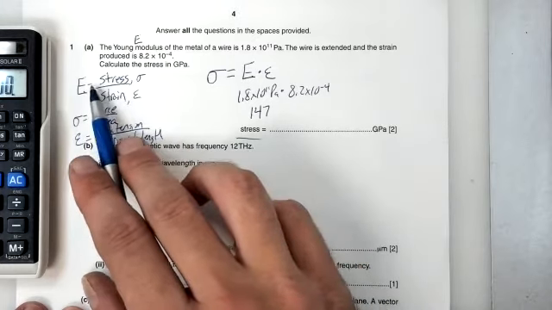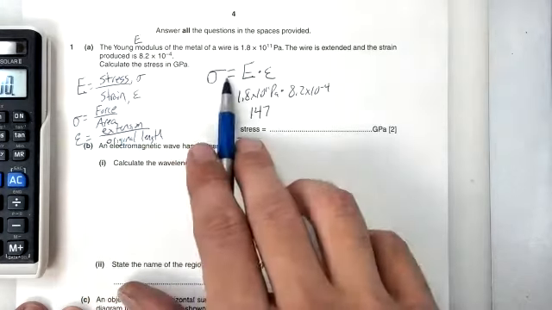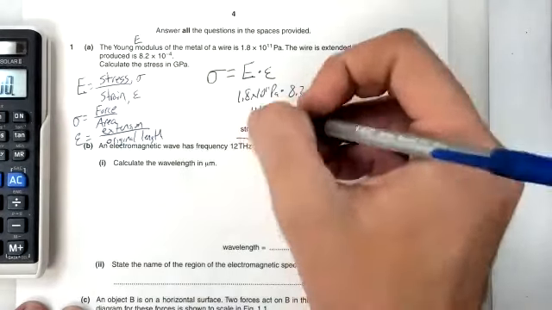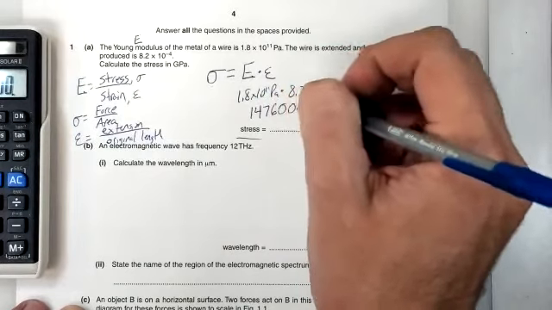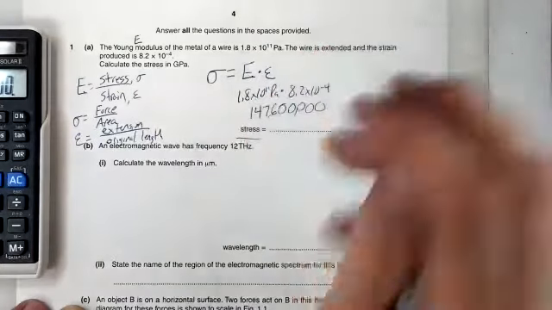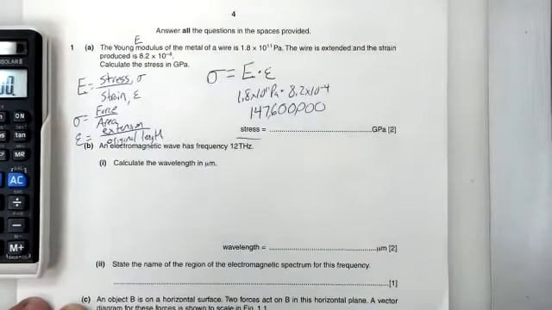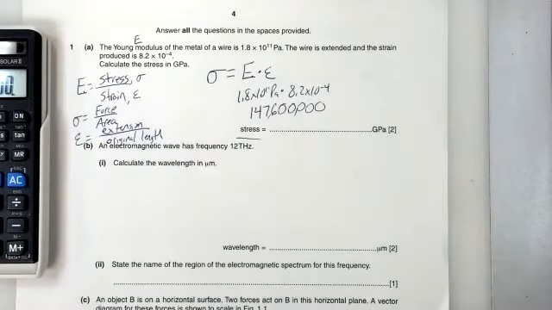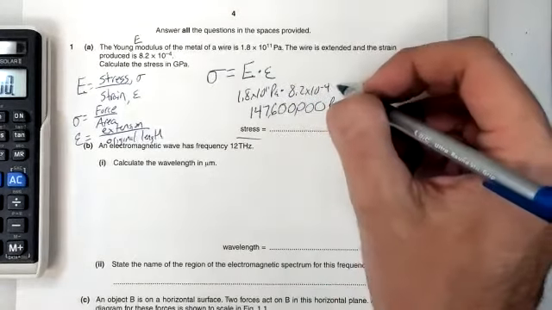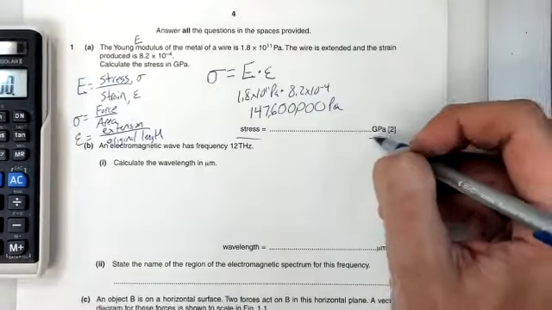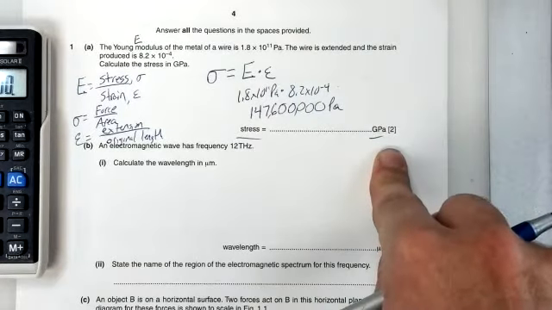So stress equals this times this. All right, that's it. 147,600,000 is the answer I get. And then the units here are Pascals, right? Because there's no units here, so I multiply Pascals by nothing, I get Pascals. Now I need Gigapascals.